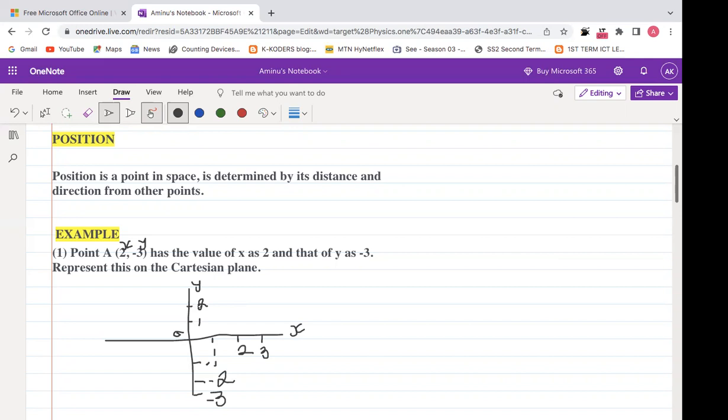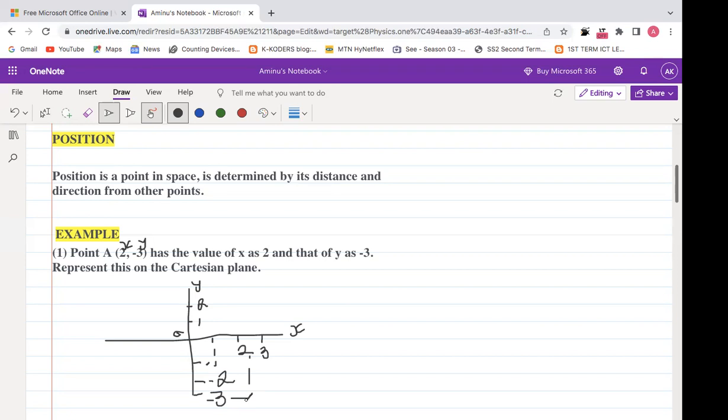This is y minus 3. Now this is y positive 2, and this is x positive 2. So we go y minus 3 here and x plus 2, and we can make our points here.